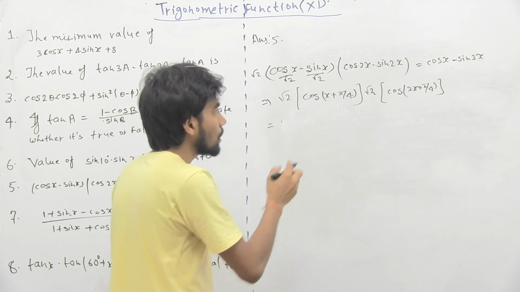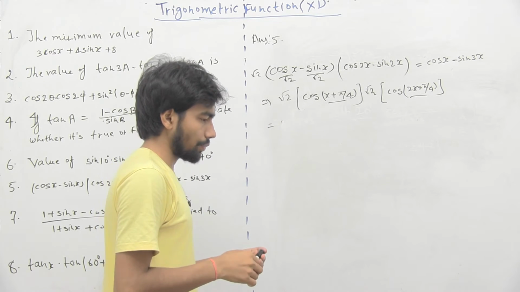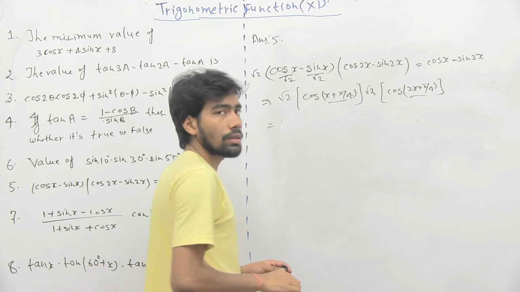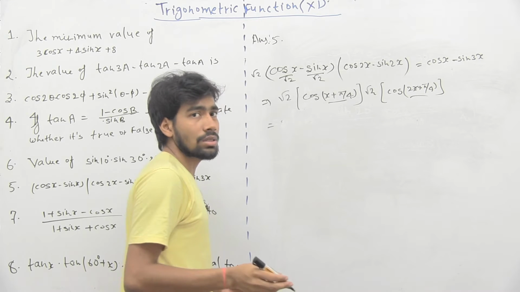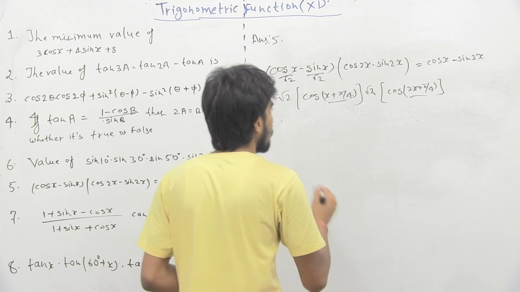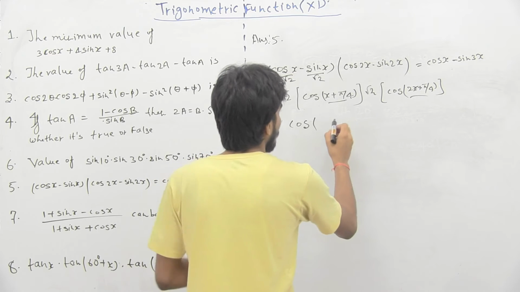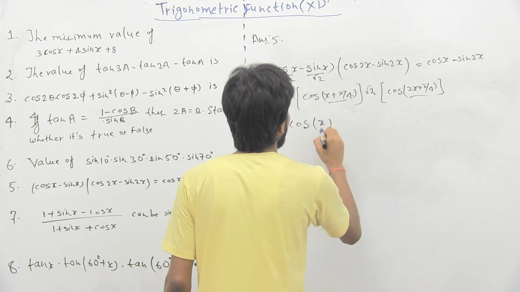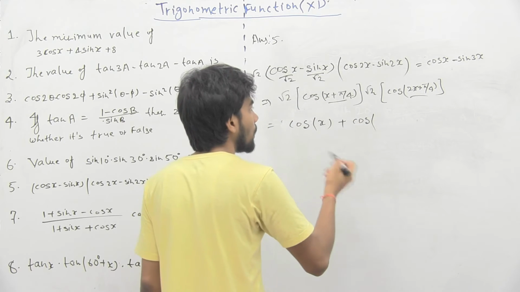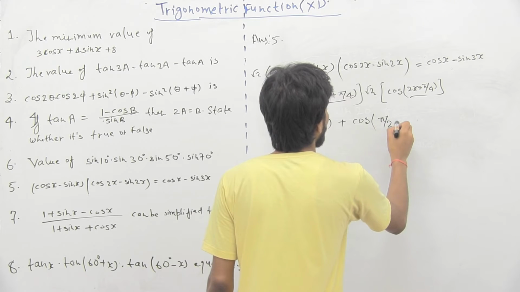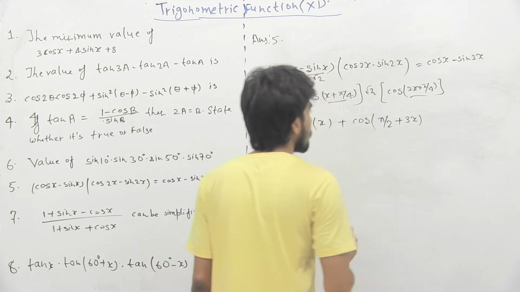Now it is in the form of cos A cos B. So what is the formula of cos A cos B? 2 cos A cos B. Can we write it cos A minus B plus cos A plus B? Okay. So cos A minus B means x, plus cos A plus B means pi by 2 plus 3x.